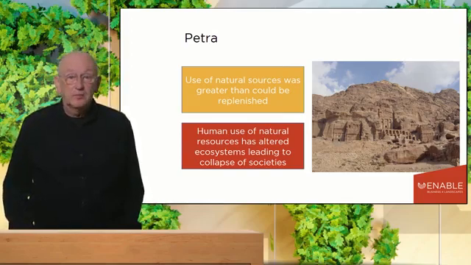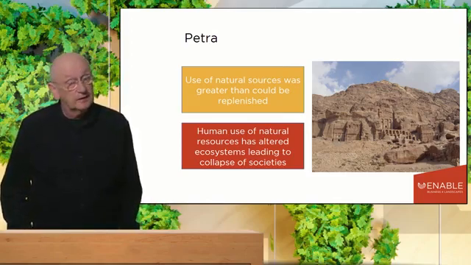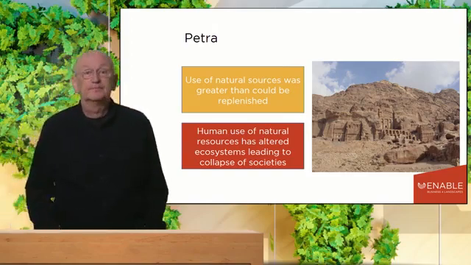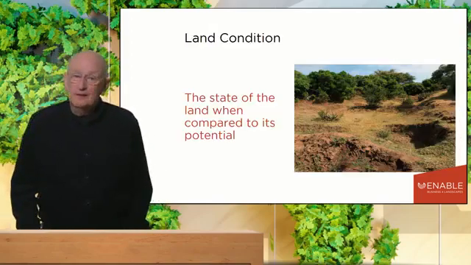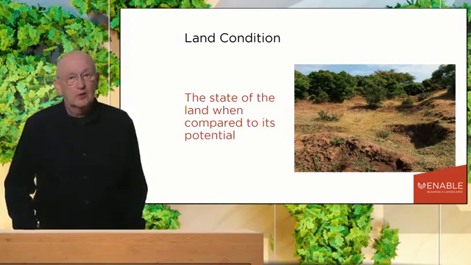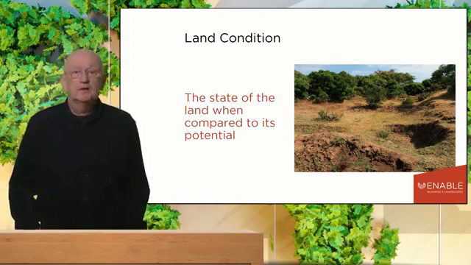However, the productivity is often much lower than the natural potential of the land. Land condition refers to the state of the land when it is compared to its potential.